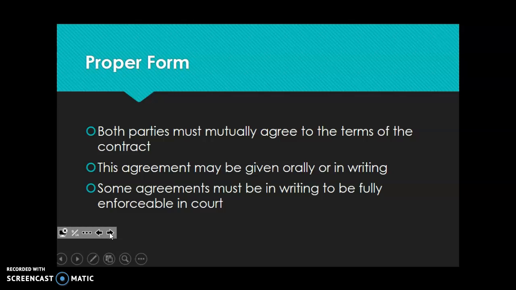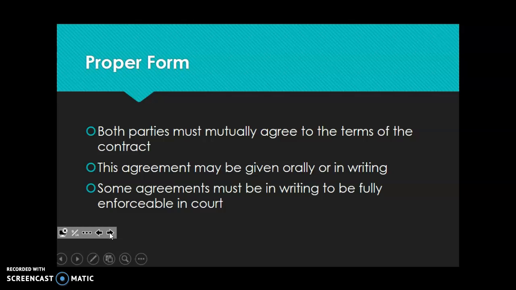Usually, anything with a value over $400, it must be in writing to be a legally binding contract. Otherwise, an oral agreement is fine. If you do have an oral agreement, it's always smart to have witnesses to vouch for the validity of the contract and what each party in the contract agreed to.